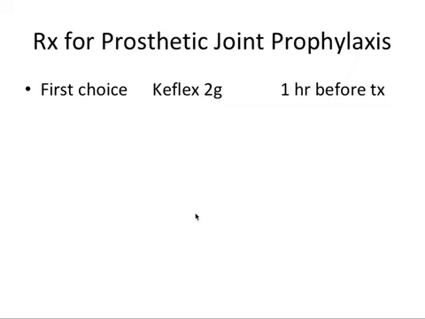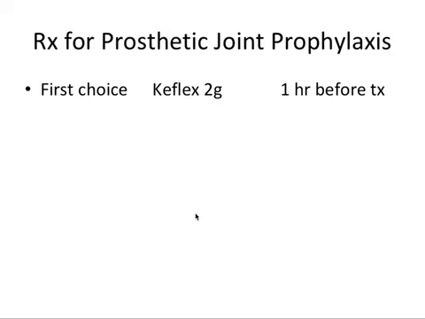And nice and easy, if you're doing prosthetic joint prophylaxis for a patient, your first choice would be Keflex, which is that first generation cephalosporin, 2 grams, 1 hour before dental treatment. Now in real life, amoxicillin and other antibiotics we talked about can be recommended by the orthopedic surgeon or the general physician.